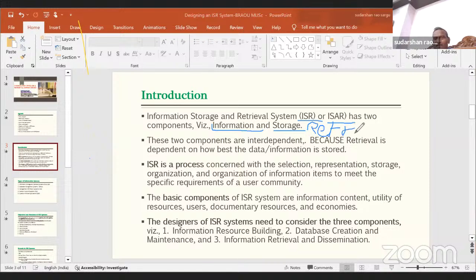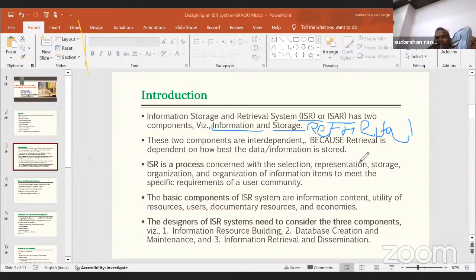These are the two important components in this. These components are interdependent. As I told you, when you talk about a system, there are half a dozen components, all interdependent. One has a dependency on the other. One has a relationship with others.